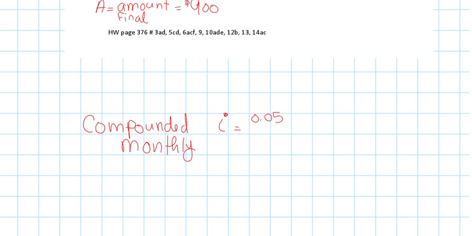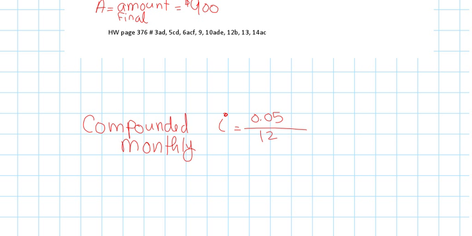But because it's compounded monthly, I have to divide it by the number of months per year. Because if the bank is going to give you 5% annually compounded monthly, that 5% has to be divided equally to each month. That's why we have to divide that 5% by 12.